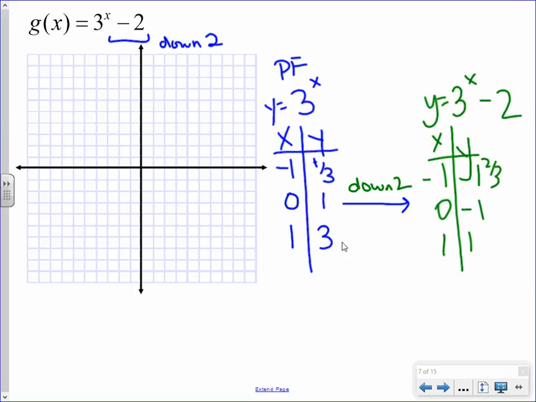Okay. Okay, our asymptote is usually at y equals 0. Since we had a shift down 2, where is it now? Y equals -2.